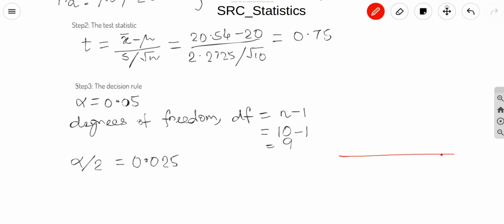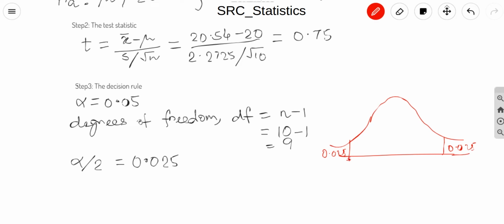So for a two-tailed test, the critical region will be at the two tails of the t distribution curve. And this alpha 0.05 is divided into two parts, 0.025 this side and 0.025 on the right hand side.